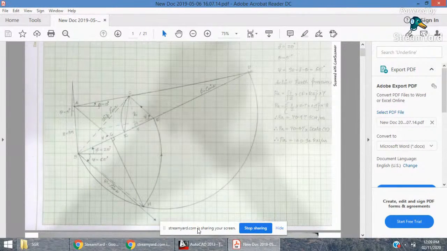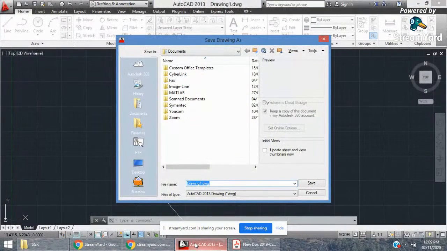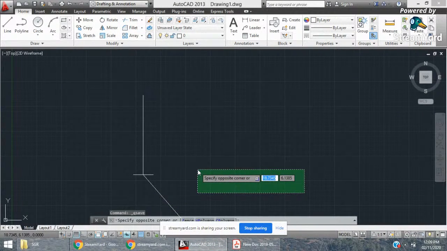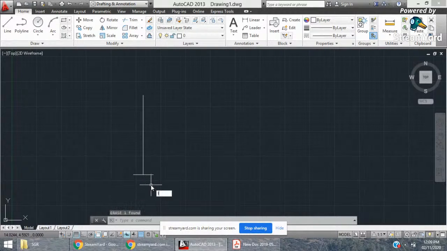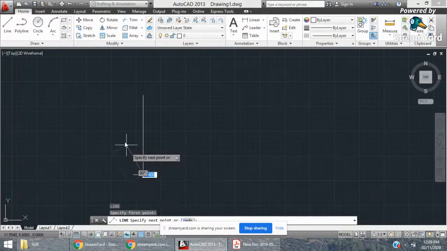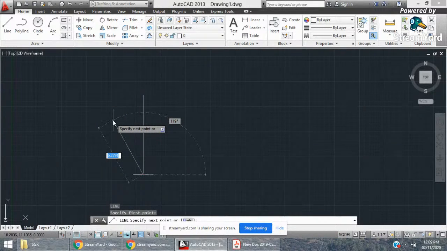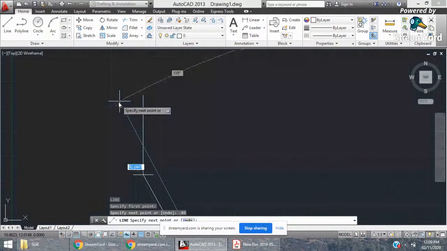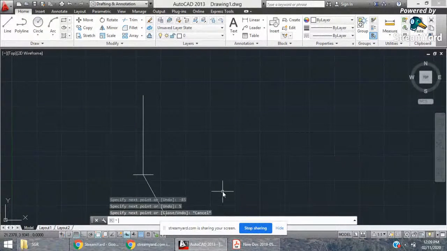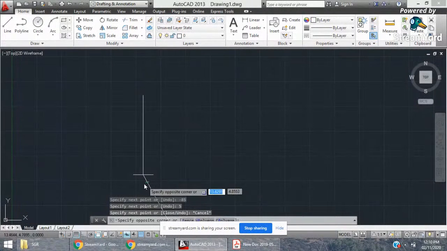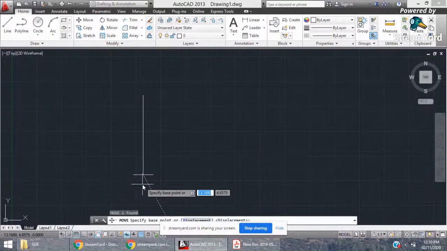So in simple graph paper, you have to draw that. It is a little bit difficult to draw. Okay, so this is the line. So I will just move it upwards.